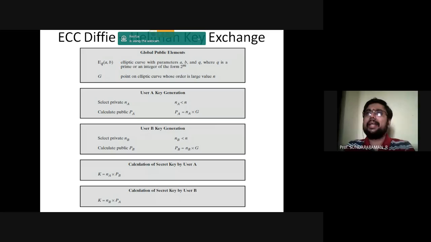Here we are computing P equal to NA into G. Given the k value and P value we can compute Q, but given the Q value and P value it is very difficult to compute k. That is why elliptic curve cryptography is considered one of the strongest public key crypto systems. That means if I give you a scalar k and point P, by just performing scalar multiplication we will be able to generate Q.